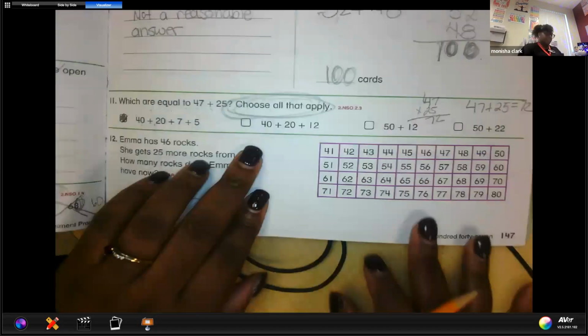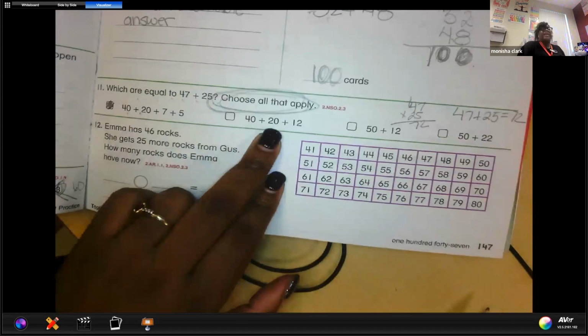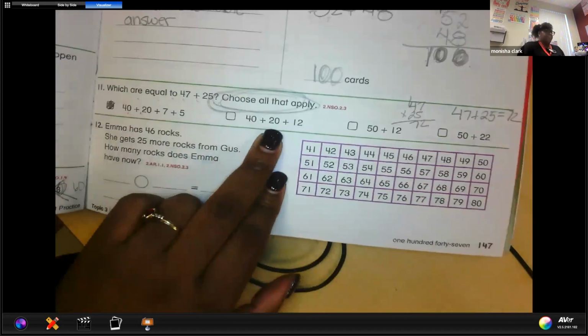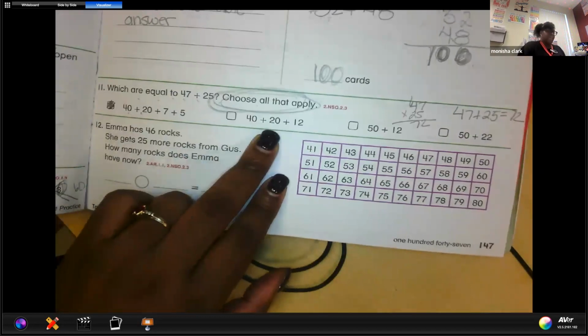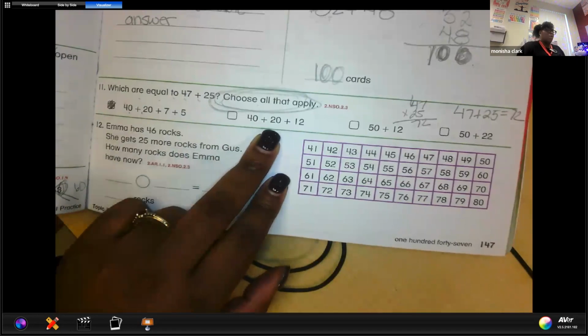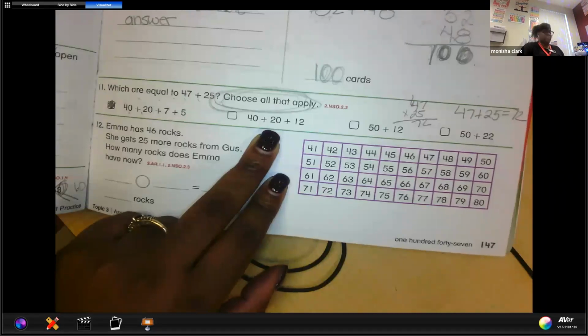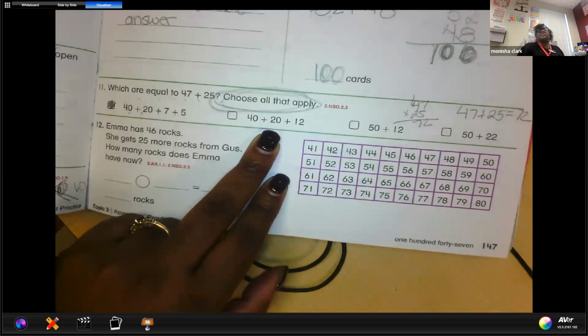Now, 40 plus 20 equals what, Zuri? What does 40 plus 20 equal? 60. Now, we have a 10 plus another number. Sit on your bottom, Eden. So we have 60 plus 12. Eden, what is 60 plus 12? So look at the number. If we have 60, we know that there is a 0 in the tens place.